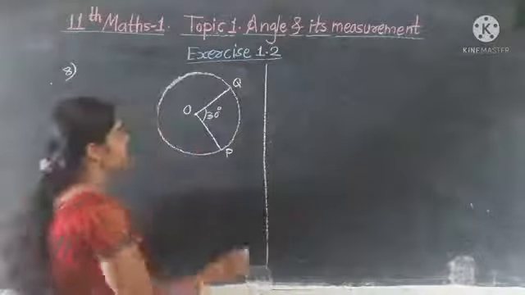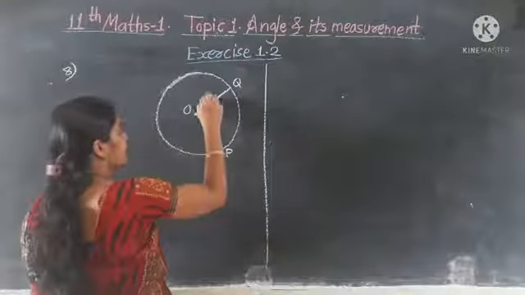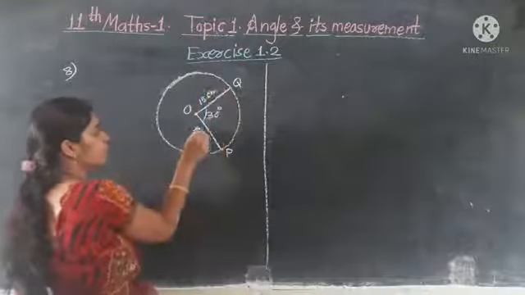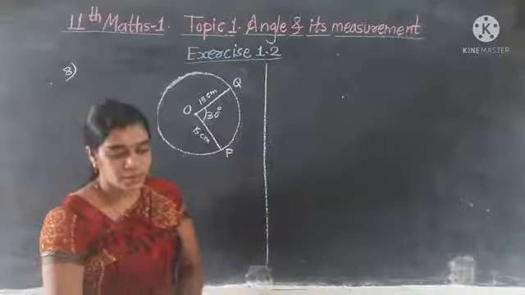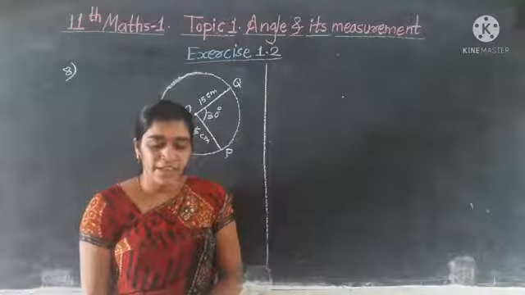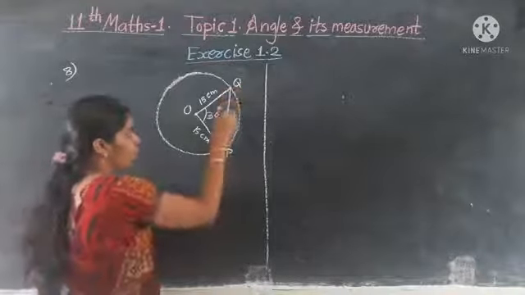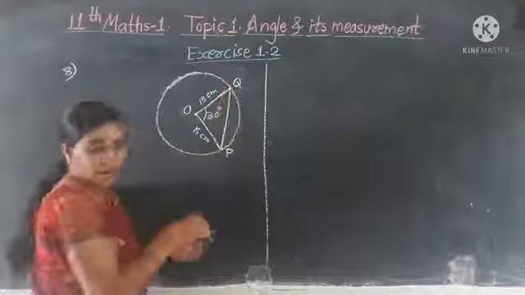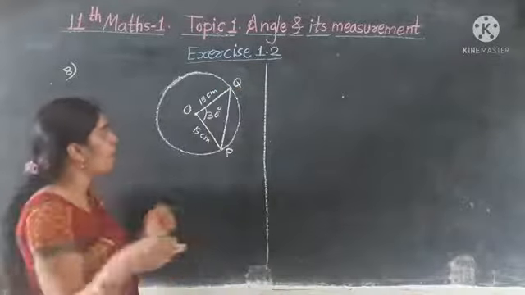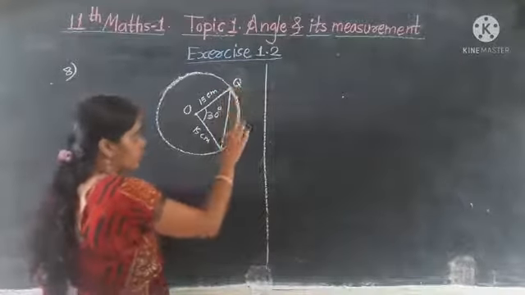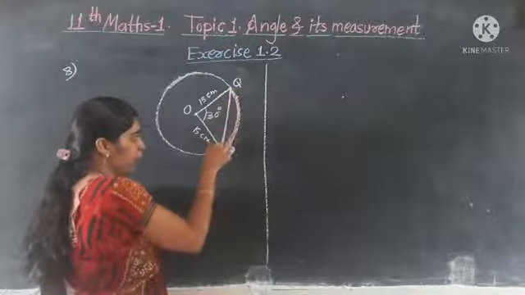Radius is given 15 centimeter. Find the area enclosed by arc PQ and chord PQ. If we draw chord, then we have to find the area enclosed by arc PQ and chord PQ.